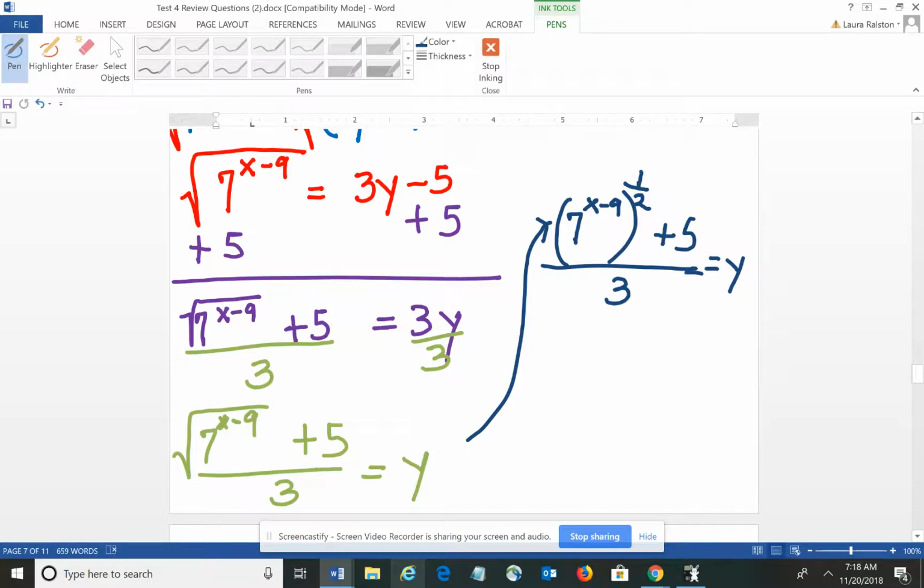And so I can simplify that a little bit if I use that fractional exponent, and I get 7 raised to the 1/2 x minus 9/2 plus 5 all divided by 3. And that's going to be my f inverse. Again, using the fractional lexicon makes it a little bit simpler, so that's probably the better way to go.